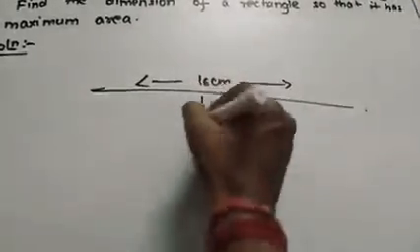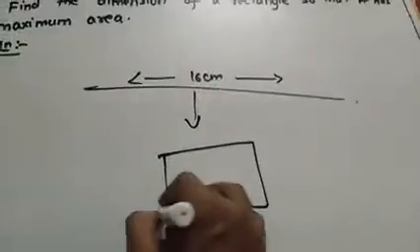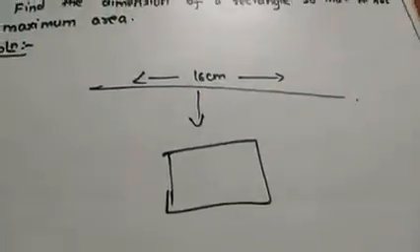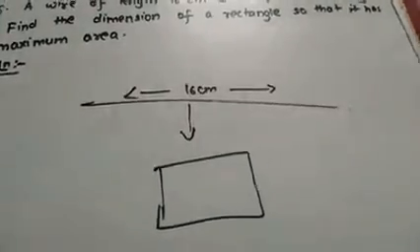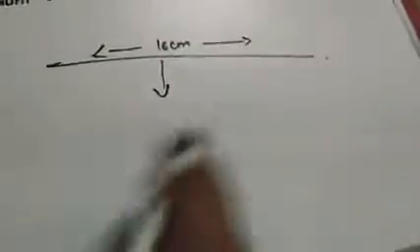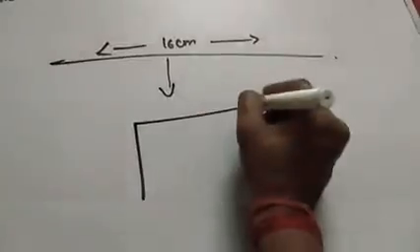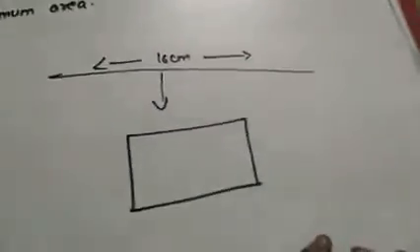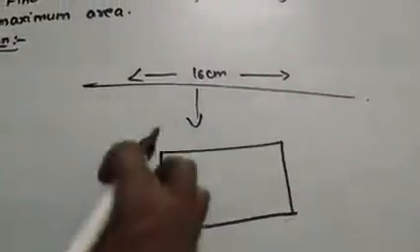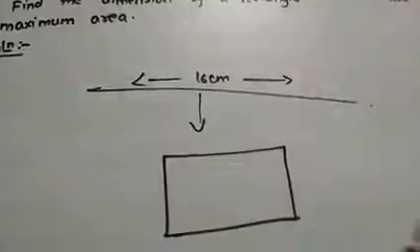That means by using this particular wire I will form a rectangle. This is the rectangle I have formed by using this 16 centimeter wire. That means the total length of this wire is 16 centimeter.